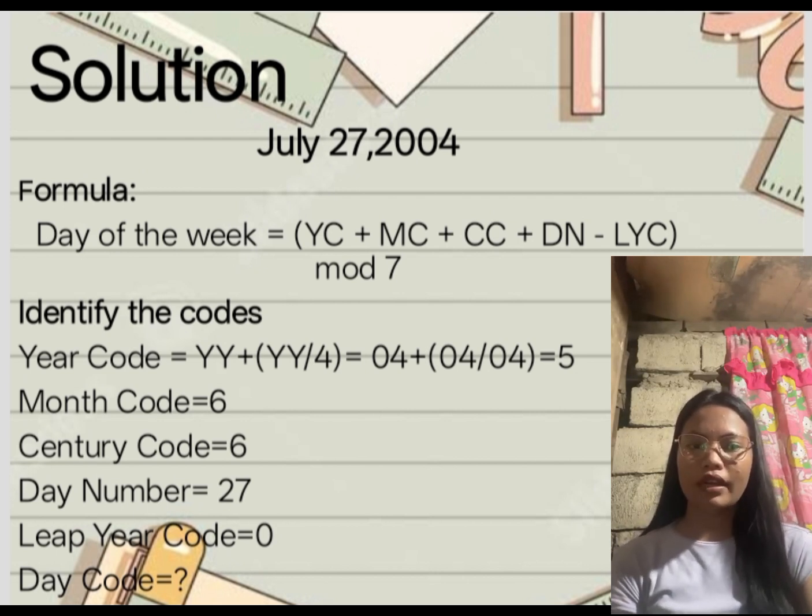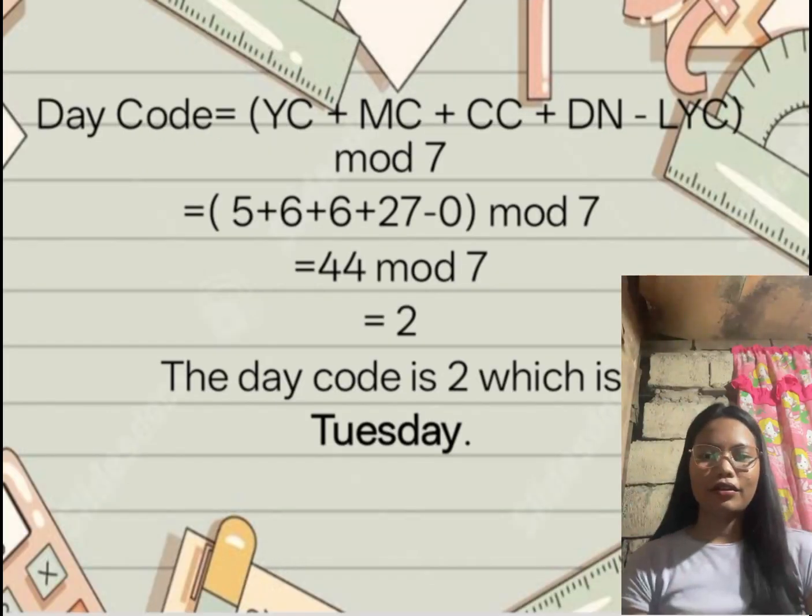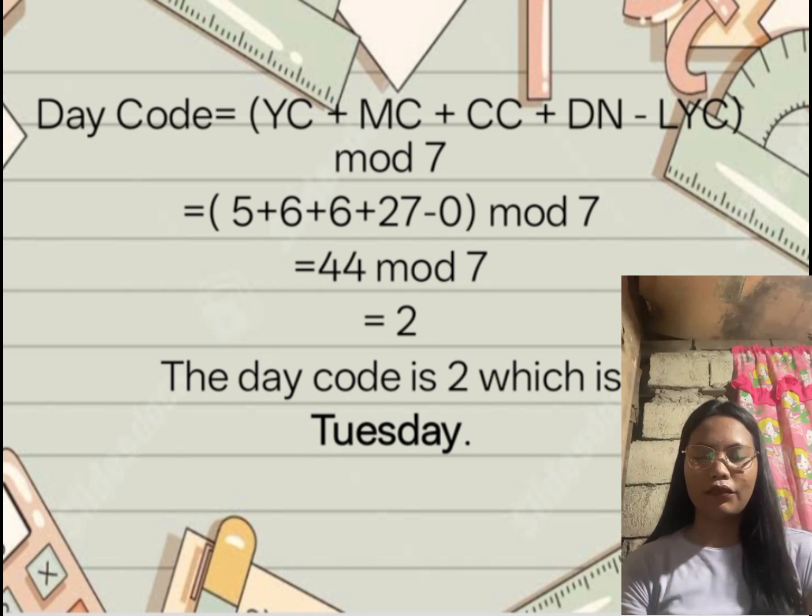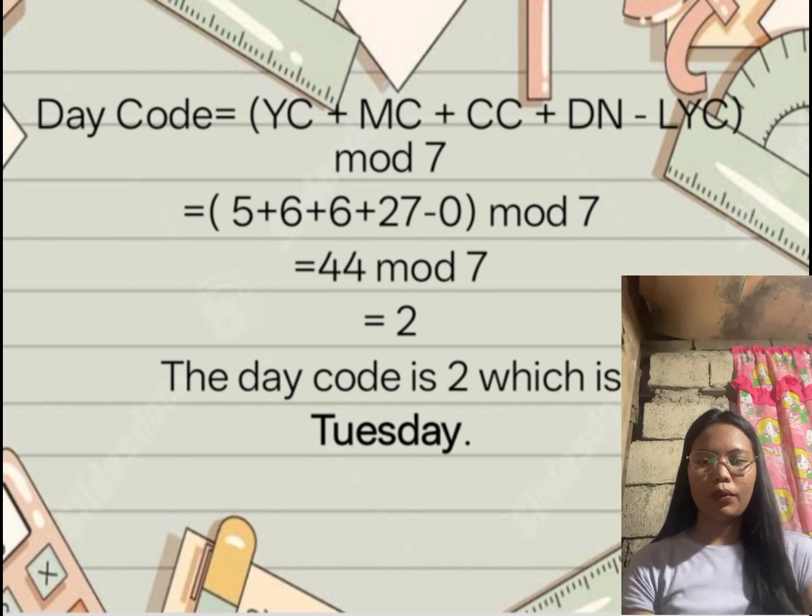After identifying the codes, we can now find the day code. We have the formula: day code is equal to year code plus month code plus century code plus day number minus leap year code, modulo 7, and we substitute the codes that we got a while ago. So we have 5 plus 6 plus 6 plus 27 minus 0, modulo 7.